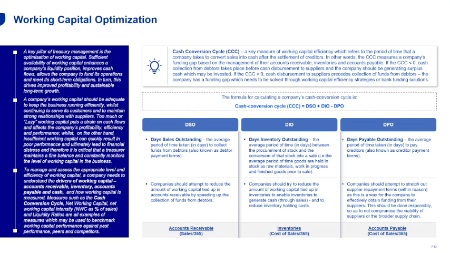The key thing around these three components, if you look at the cash conversion cycle, is that the primary target for every treasurer is to reduce your DSO, reduce your DIO, and ultimately stretch out your DPO.